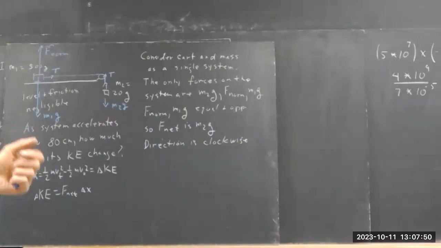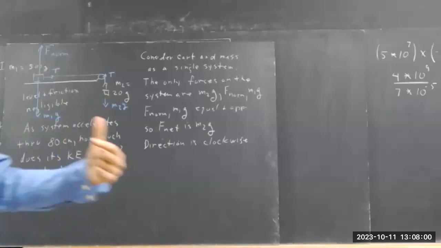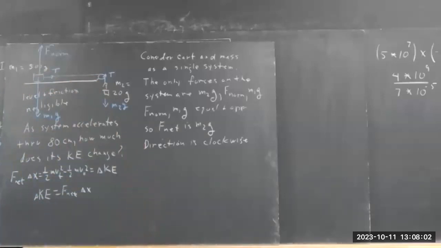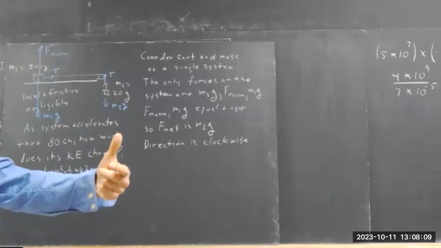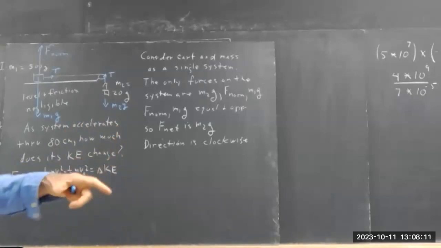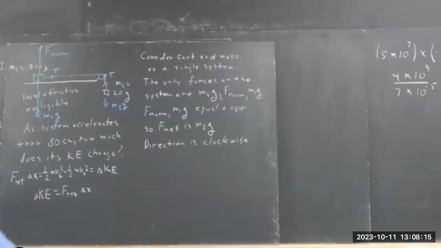Okay, so what's acceleration? Well, we can calculate the acceleration, and we can figure out how fast the system's going. If it starts from rest, how fast it's going after 80 centimeters. If it starts out at 40 centimeters per second, we can calculate that. We've got that fourth equation of motion.